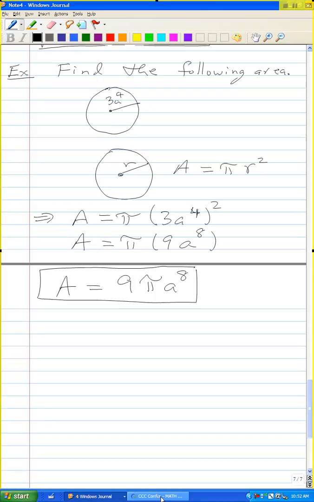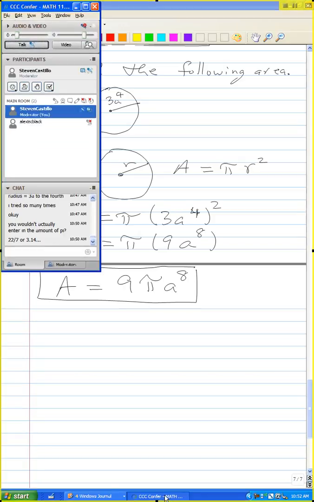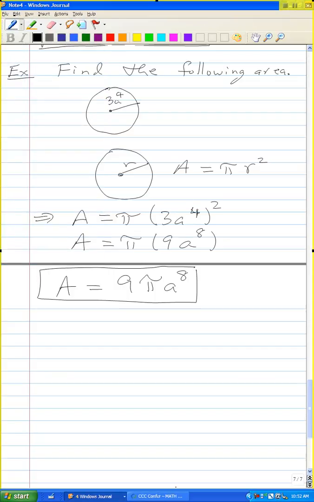You would only enter an approximate answer if the problem said to, and they would have to give you what the approximation is. So if they said to use 22 over 7, or 3.14, or whatever, only then would you do it.